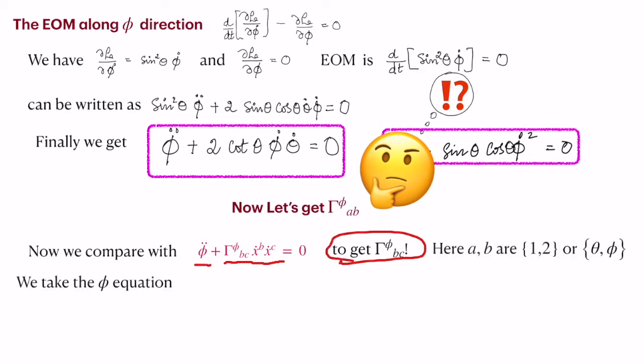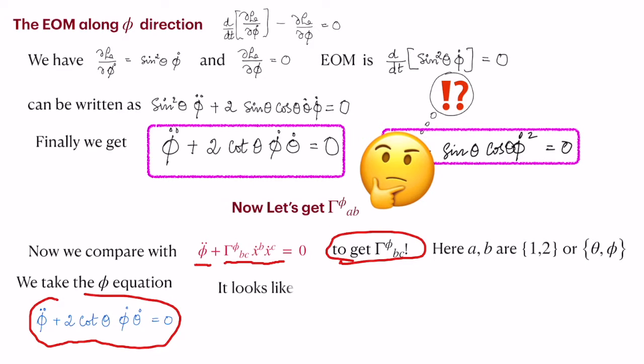So let's compare this straight away with the equation of motion which we got. We got phi double dot plus 2 cot theta phi dot theta dot is equal to 0. So this we have to compare with phi double dot plus 2 gamma phi theta phi theta dot phi dot. Why this theta comes, I will let you reason that.